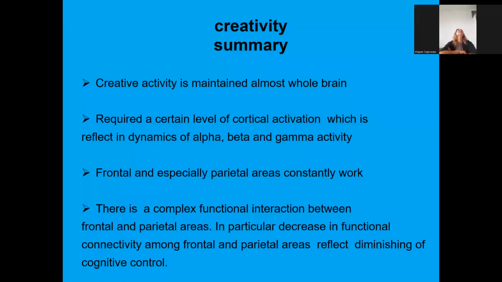So, let's summarize the information about the brain organization of creative activity. Creative activity is maintained by almost the whole brain. That is, a large number of its areas are activated. For successful performance of creative activity, a certain level of cortical activation, a certain functional state, is required, which is reflected in the dynamics of alpha, beta, and gamma activity.